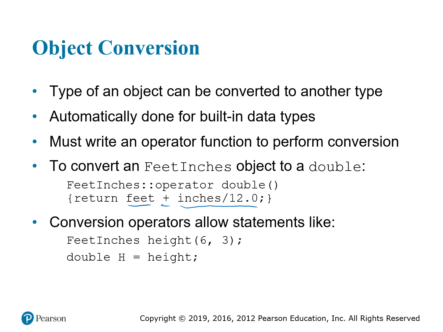So you could define a feet inches height of 6'3", that's my oldest son. He towers over me. And then you can define double h equals height. And so we'll do that conversion and pass 6.25 to h.